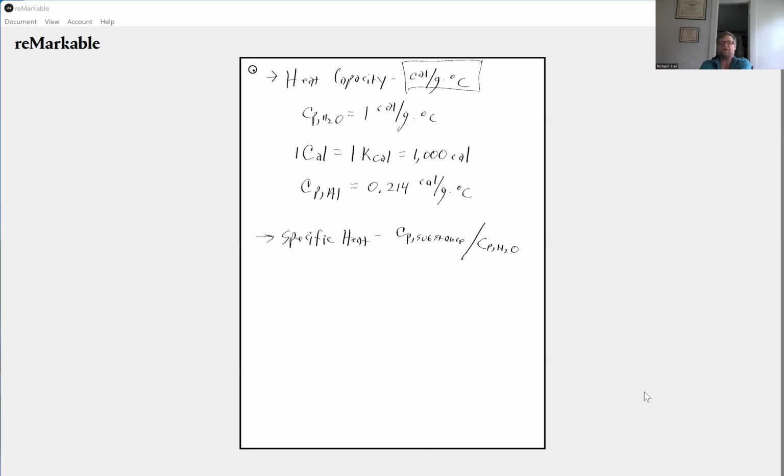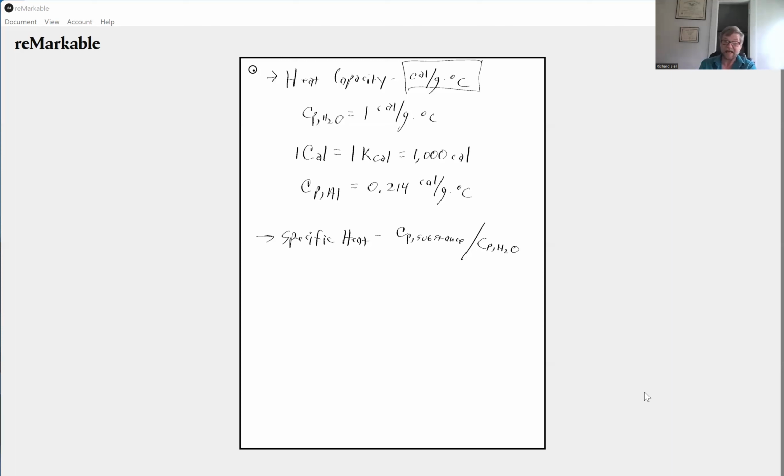It's like specific gravity. Density is usually measured in grams per milliliter, although that's for condensed states. If you use gases, it's usually grams per liter or something like that. Specific gravity is the density of the material divided by the density of the water.